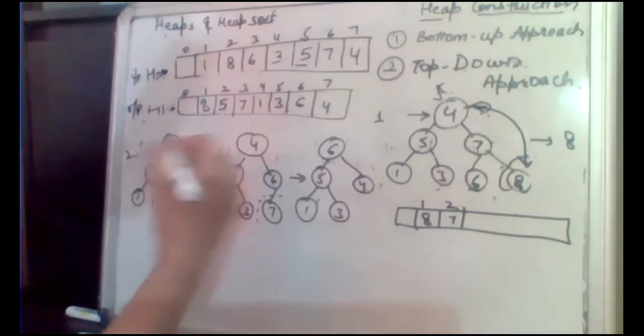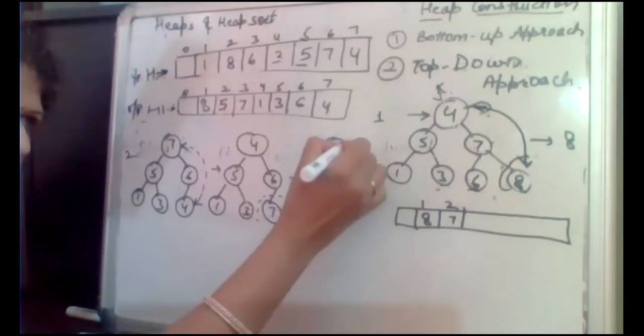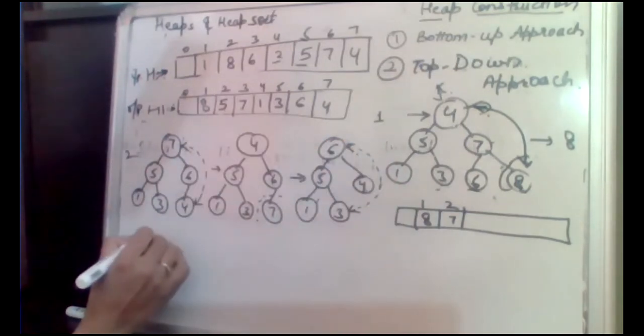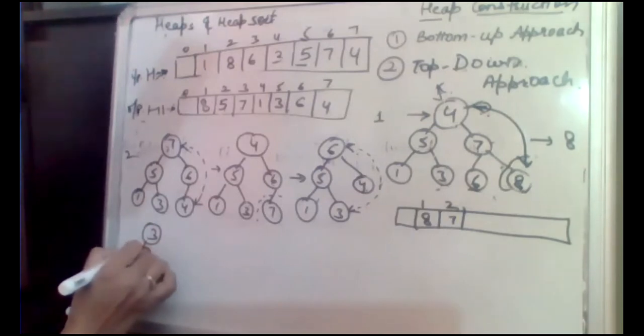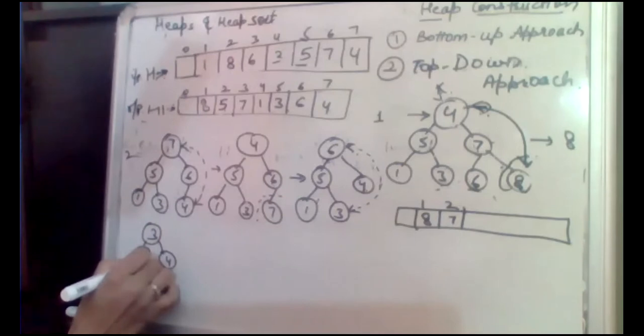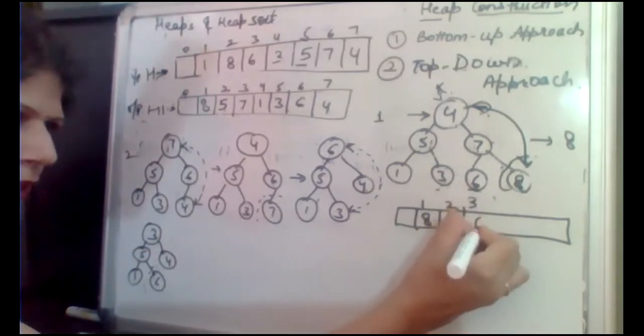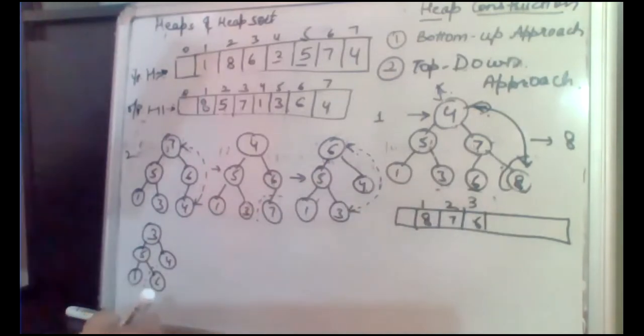Yes. After that, at the next step, with the last element, it will be exchanged. So 3 will come at the root, then 5, 4, and 1, and 6. And we will delete 6 and keep it into the next index of the array.